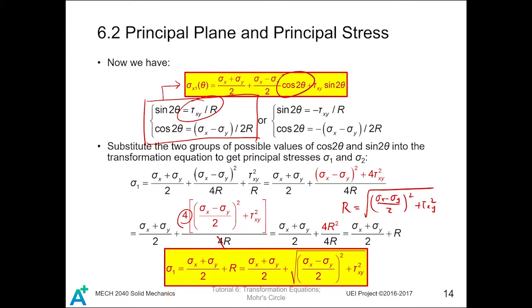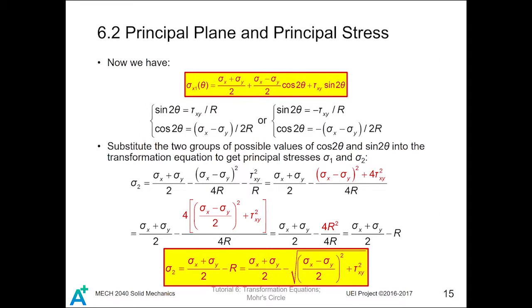But you can see here there is no square root, so this term will automatically become R squared. And here the R squared is cancelled with R, then this term will become R. Therefore, sigma 1 equals sigma x plus sigma y divided by 2 plus R, and you know R is just a square root like this.